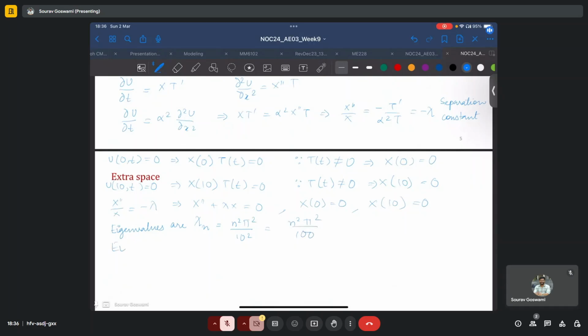And the eigenfunctions are X n equals sin(n pi x by L). Here L is equal to 10, so sin(n pi x by 10).